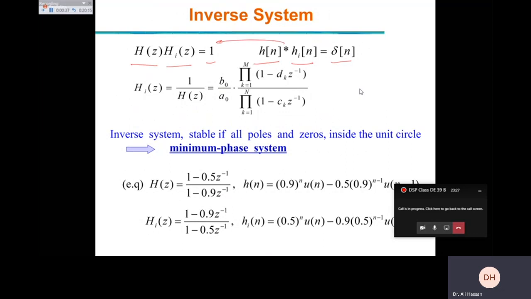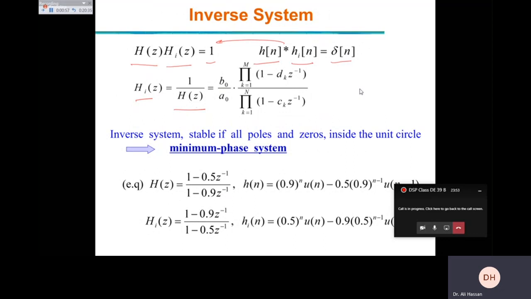So inverse system is 1 over your system. So the transfer function of the inverse system is the reciprocal of the transfer function of the system. So your zeros will become poles and your poles will become zeros. So a system which has all its poles and zeros inside the unit circle is called a minimum phase system.